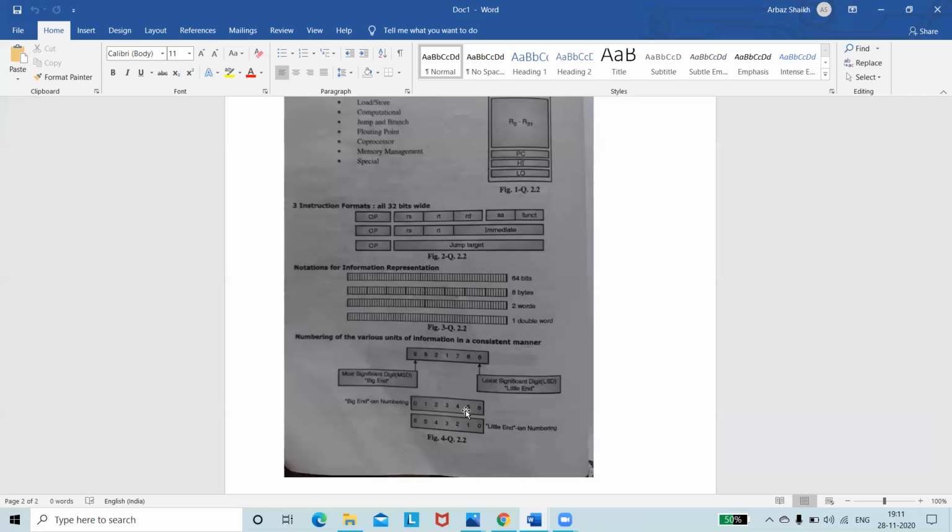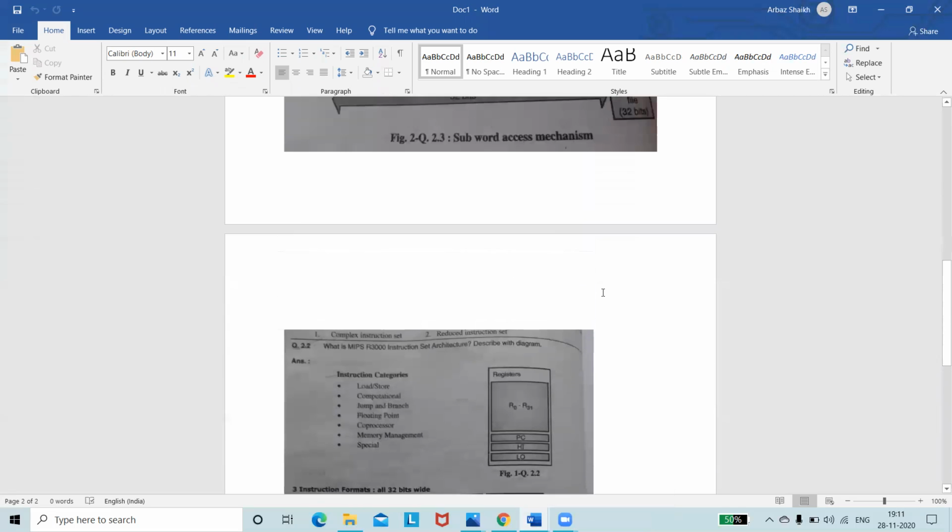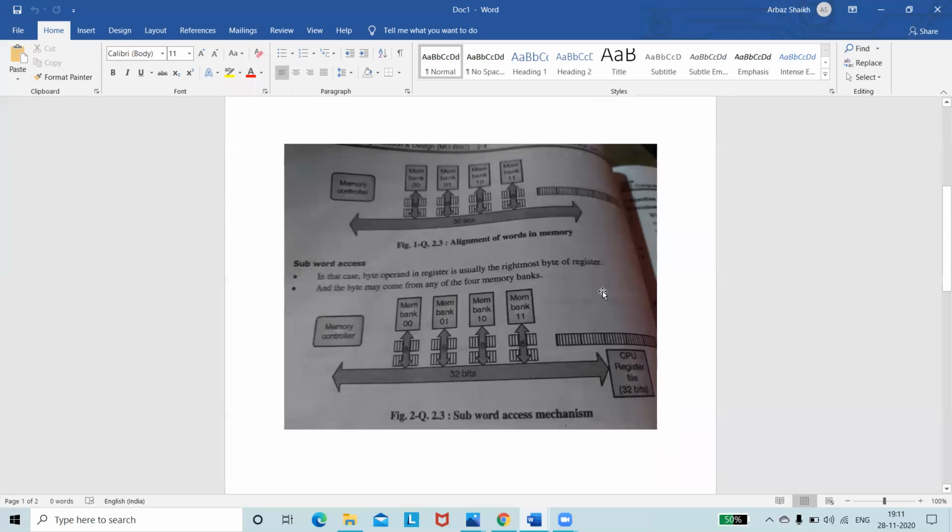Okay, so these are related to the instruction set. Now we will see alignment of words in memory.